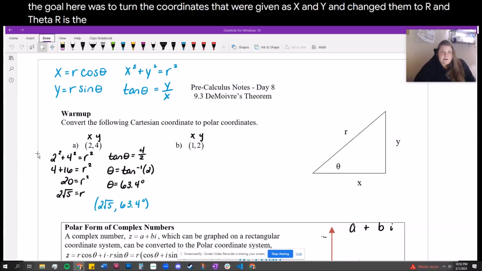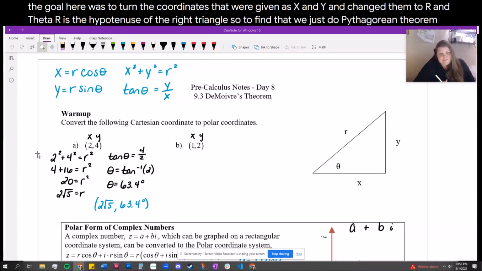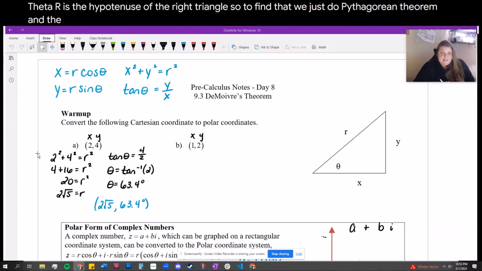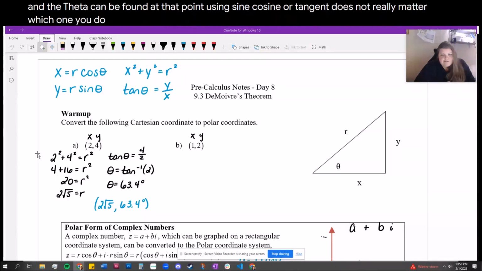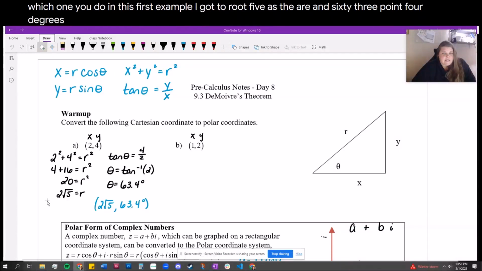R is the hypotenuse of the right triangle, so to find that we just do Pythagorean theorem. And the theta can be found at that point using sine, cosine, or tangent. Does not really matter which one you do. In this first example, I got 2√5 as the r and 63.4 degrees as the theta.